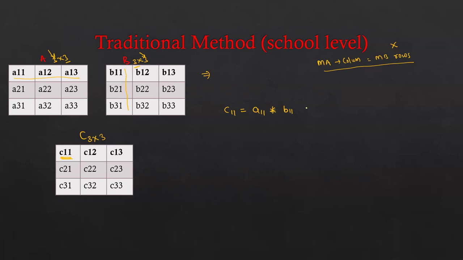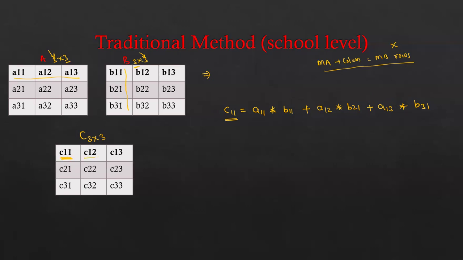Next, we need to perform a summation operation with A12 B21. So A12 into B21 plus A13, which is multiplying with B31. If I perform this equation, whatever result we get, that value is equal to C11. We need to fill this value.